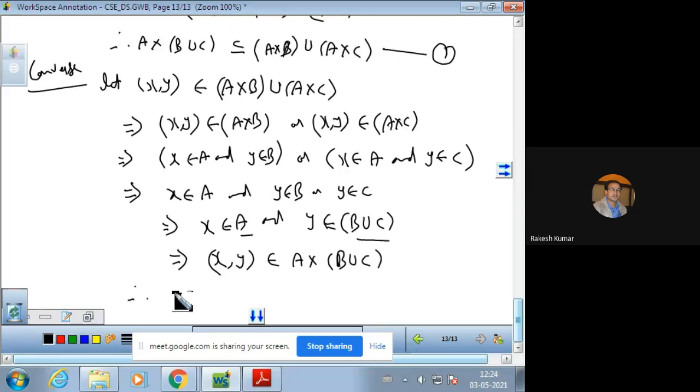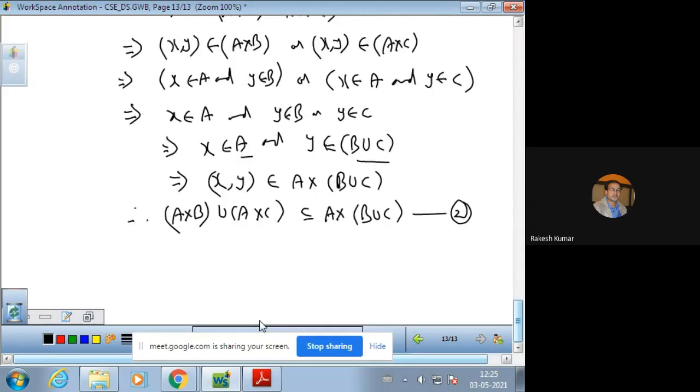From this we can conclude that A cross B union A cross C is a subset of A cross B union C. Name it as equation number 2.